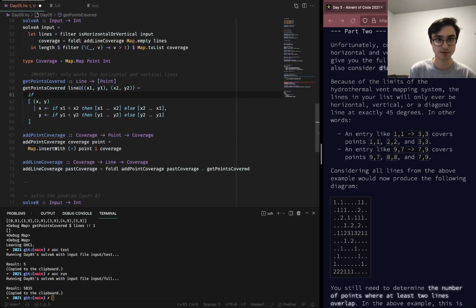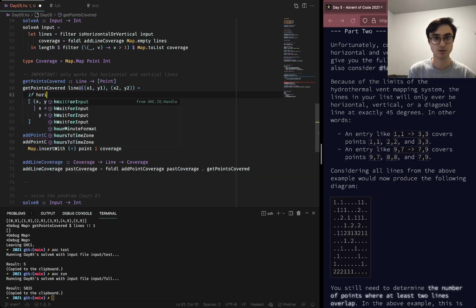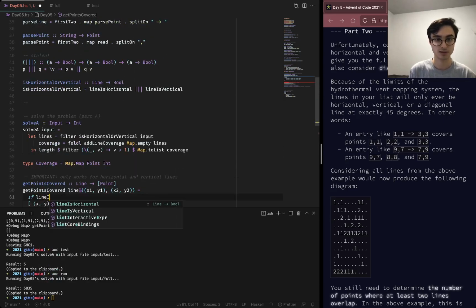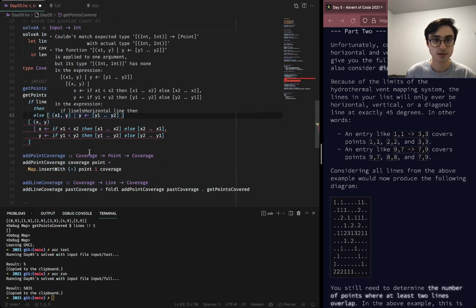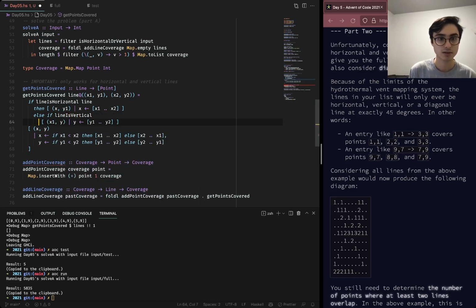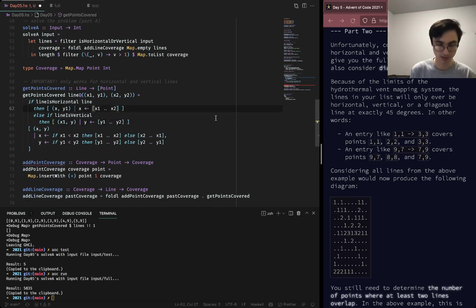So if line is horizontal line, it's... else if line is vertical, then it's y. And if we learned our lesson here, so x2, then that, else.